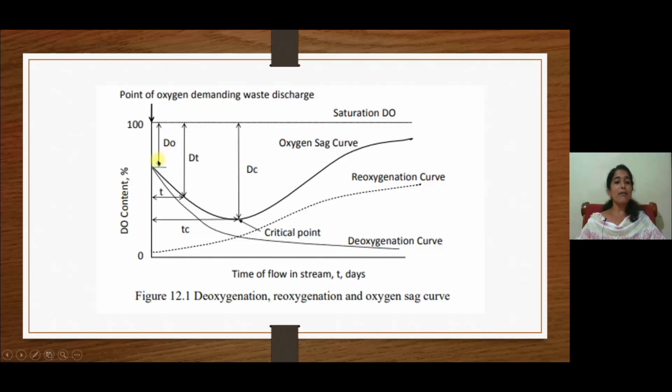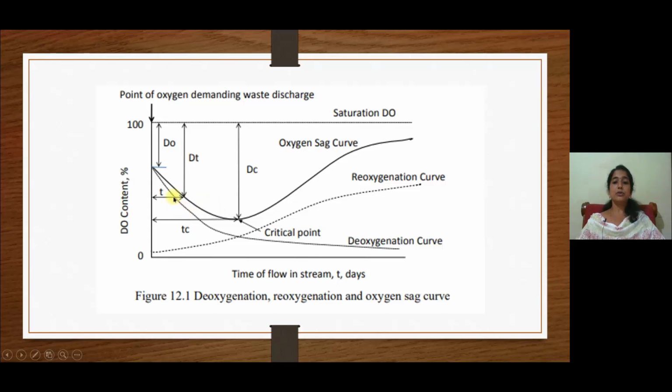And traveling a distance, the oxygen deficit will be Dt at a time t. Here the x-axis is the time of flow in stream, that is t in days, and the y-axis is the dissolved oxygen content percentage. And you can see the oxygen sag curve that we already discussed in the previous graph.